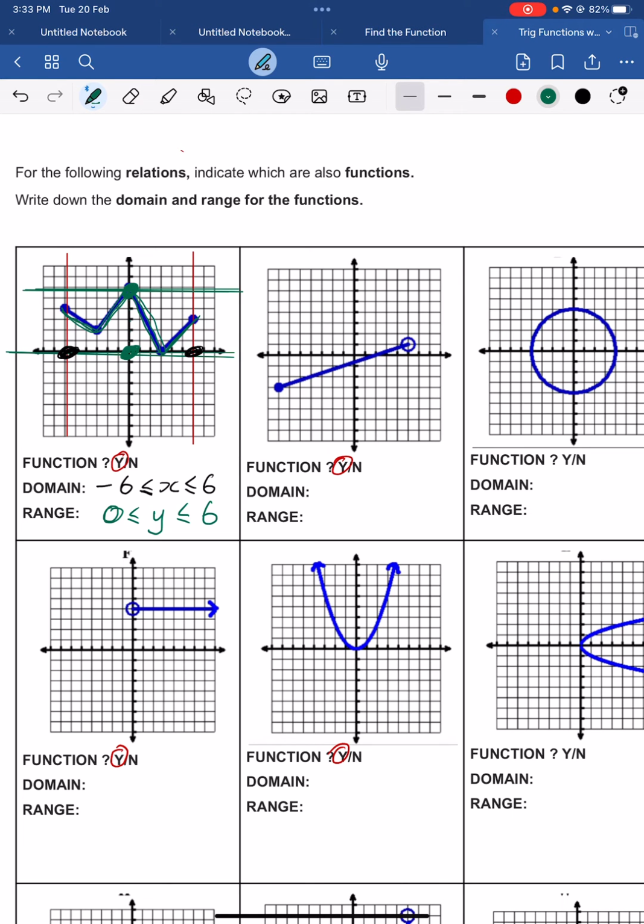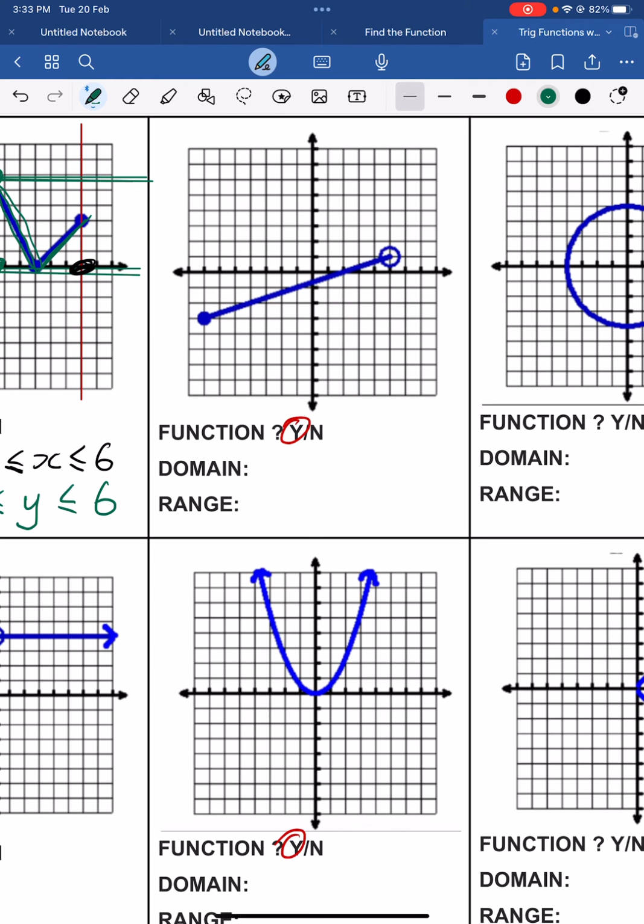Okay. The second one's slightly different, right? Because what we can see is for the x values, quite easy to identify from where to where. But you'll notice that this x value here has got a filled-in circle, and this endpoint is a hollow circle, so we don't include the extreme value.